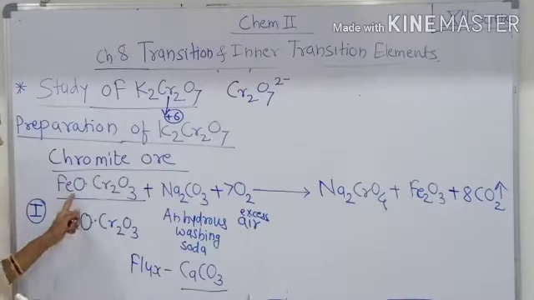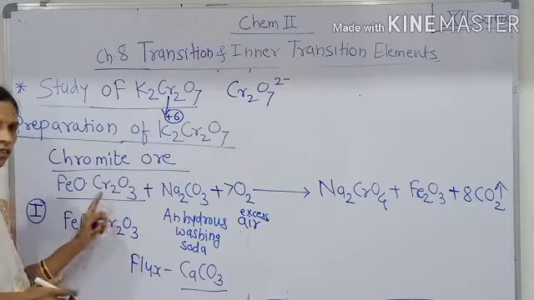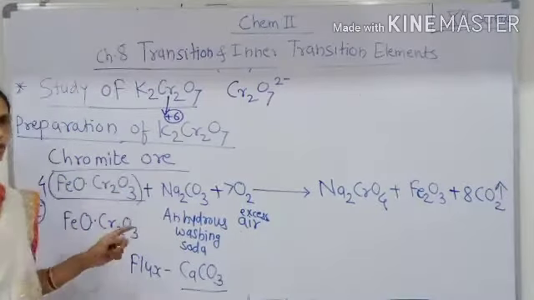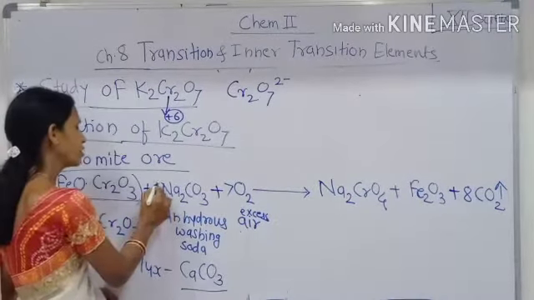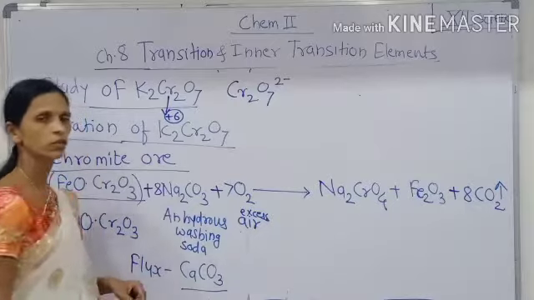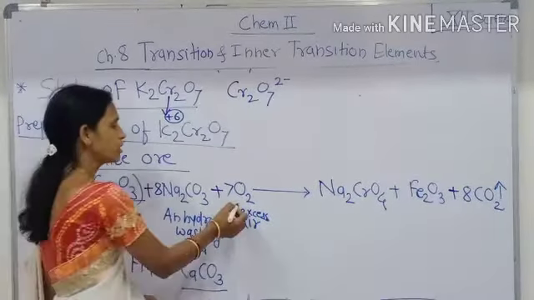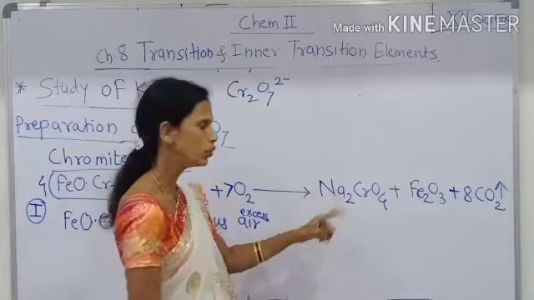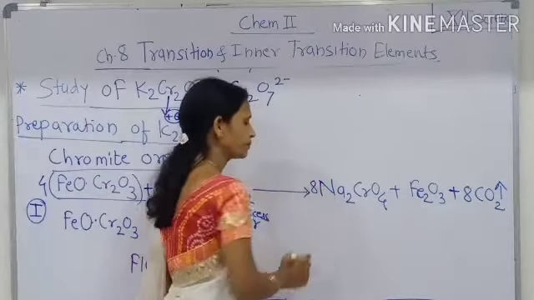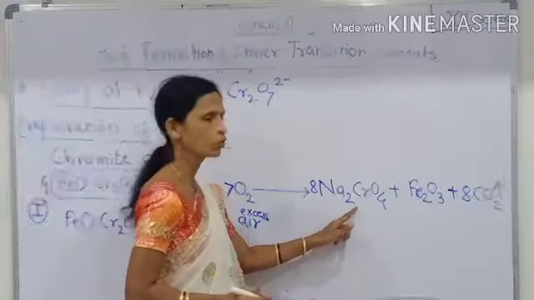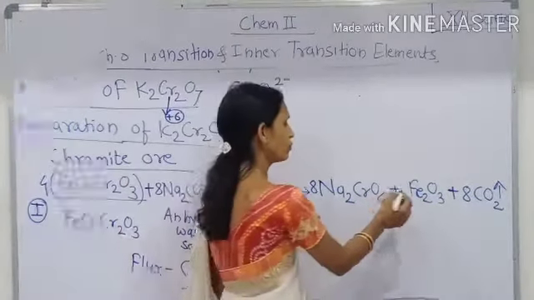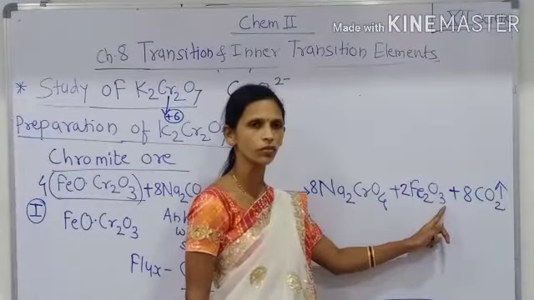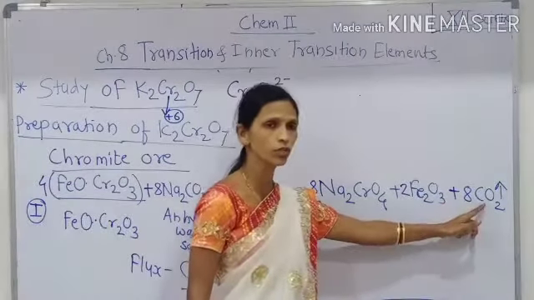First, we have to balance this reaction. Therefore, 4 molecules of the ore heated with washing soda, that is sodium carbonate, and passed through excess air get converted into 8 molecules of sodium chromate, with formation of Fe2O3, iron oxide, and liberation of CO2.